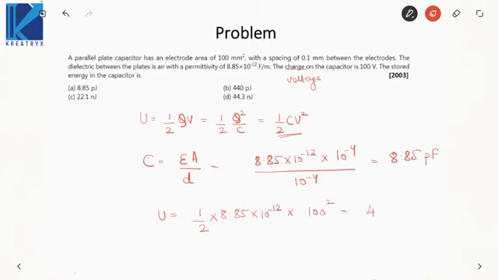So it will be 4.43 into 10 to the power minus 8 joule, or you can say 44.3 nanojoule. Okay, so that will be the energy stored in the capacitor. You need to remember all three expressions for the energy stored inside a capacitor. Okay, so this will be all from this video, and we'll cover some more problems based on electrostatics in the next video. Thank you.